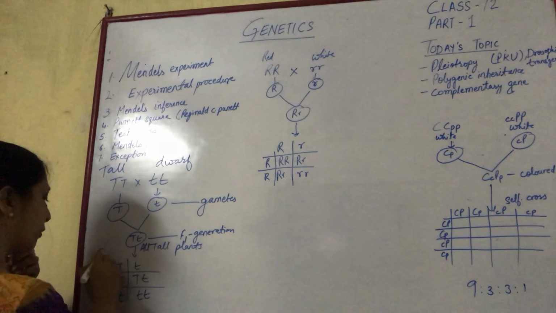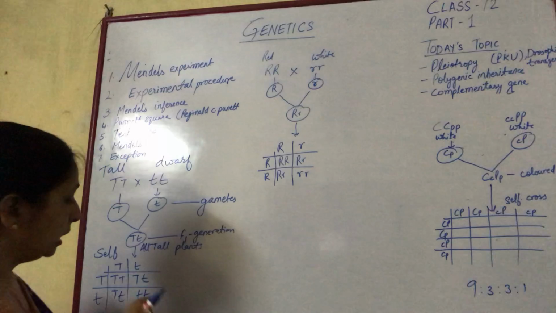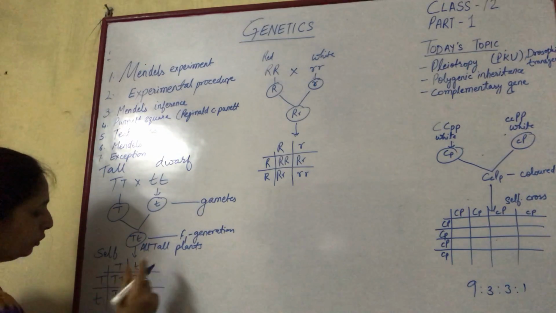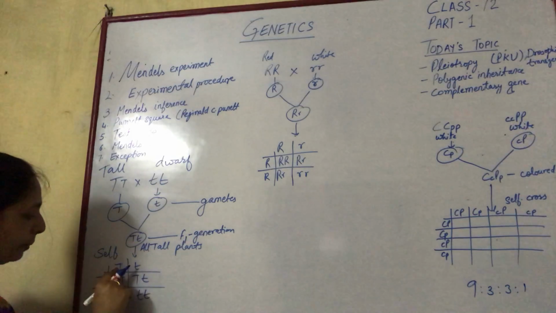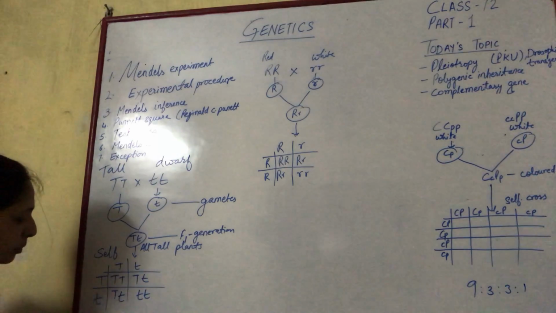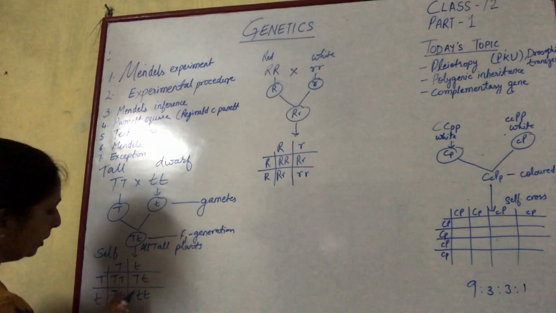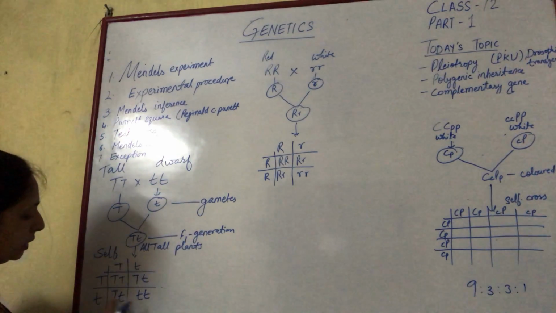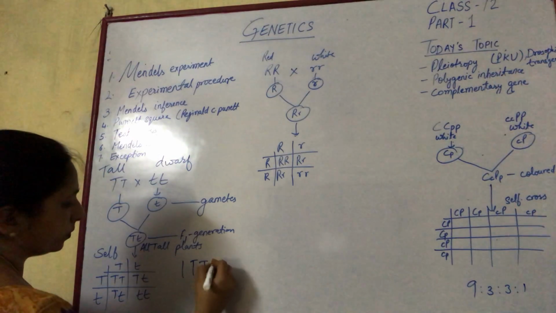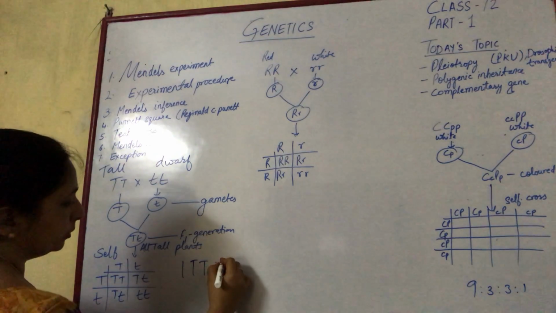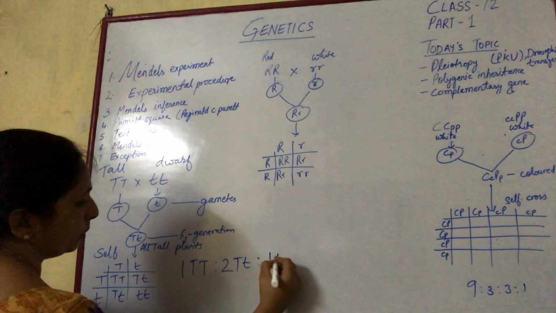After the self-cross between two tall plants, the gametes for the F2 generation are written in a square pattern: capital T, small t, capital T, small t. These are the gametes for the F2 generation. When we make a cross between them, we get one capital T capital T, two capital T small t, and one small t small t.